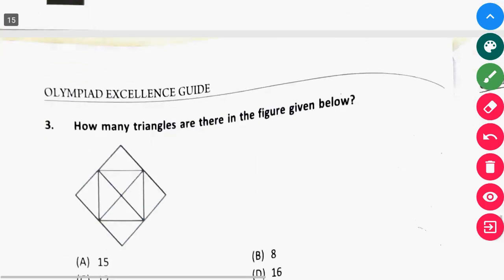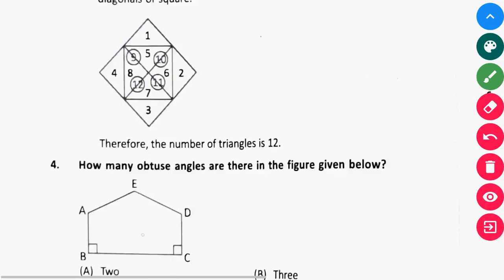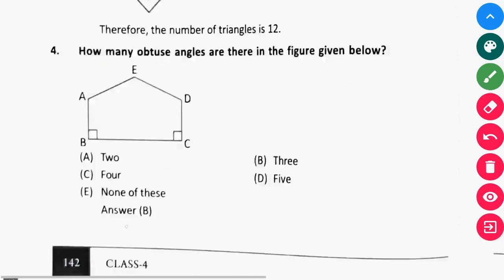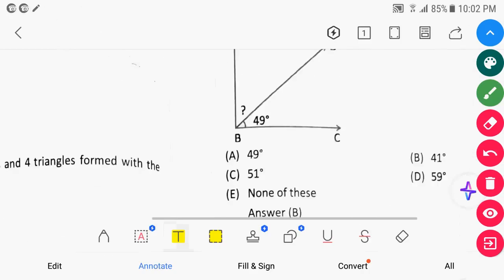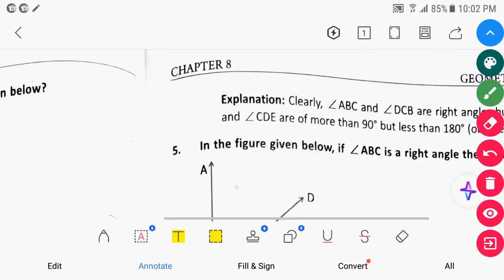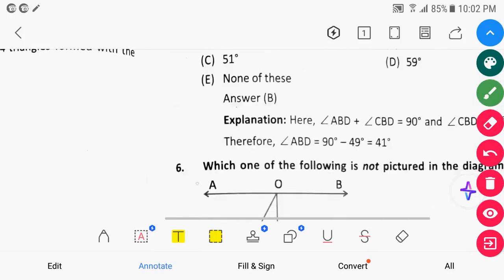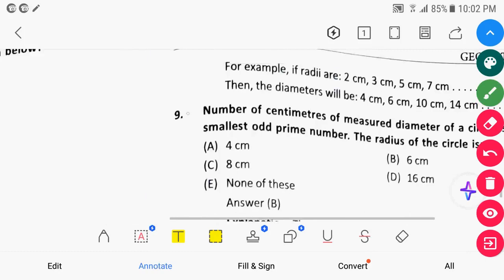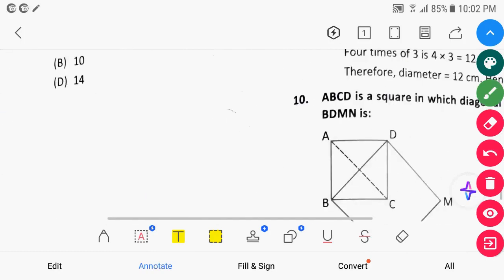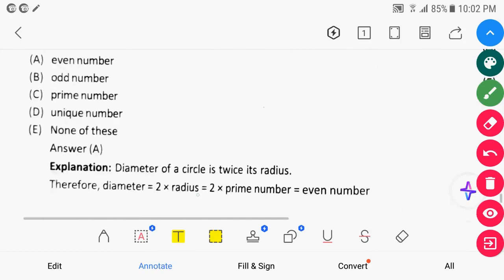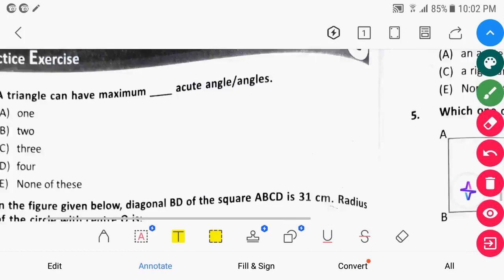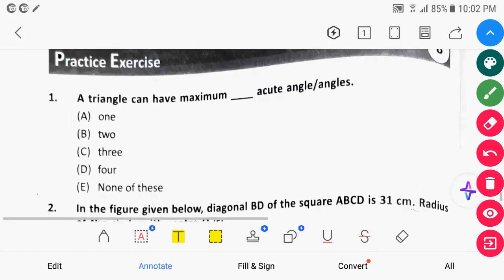Then how many triangles are there? We'll first learn how many sides a triangle has, its types, angles. Then we'll solve these examples. Okay.